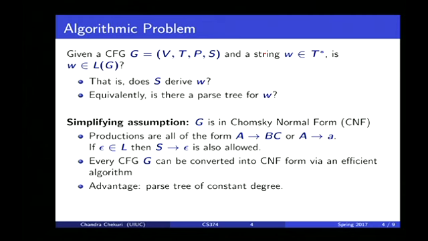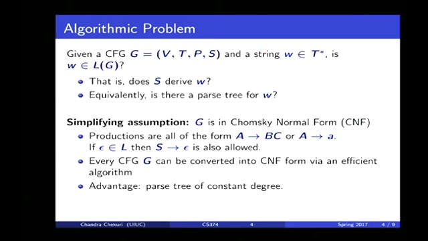That's the only production allowed. It's a simplifying assumption to make parsing a little easier. Every context-free grammar can be converted into something like this efficiently, and it makes life easy.